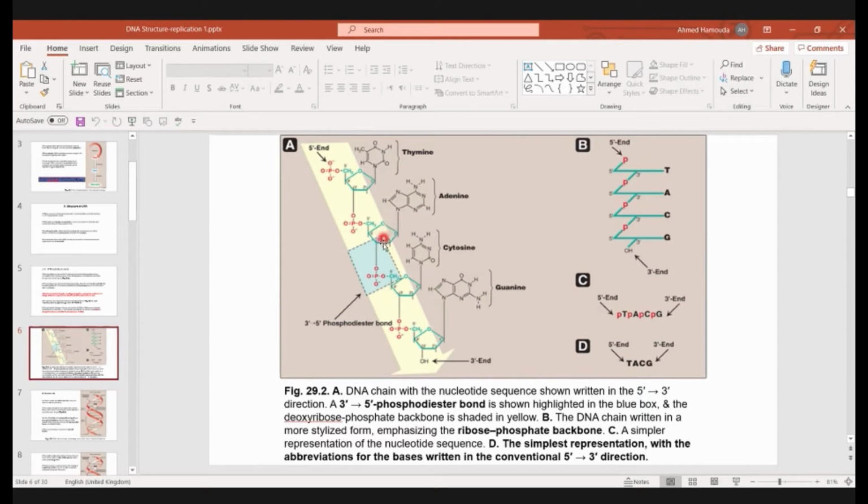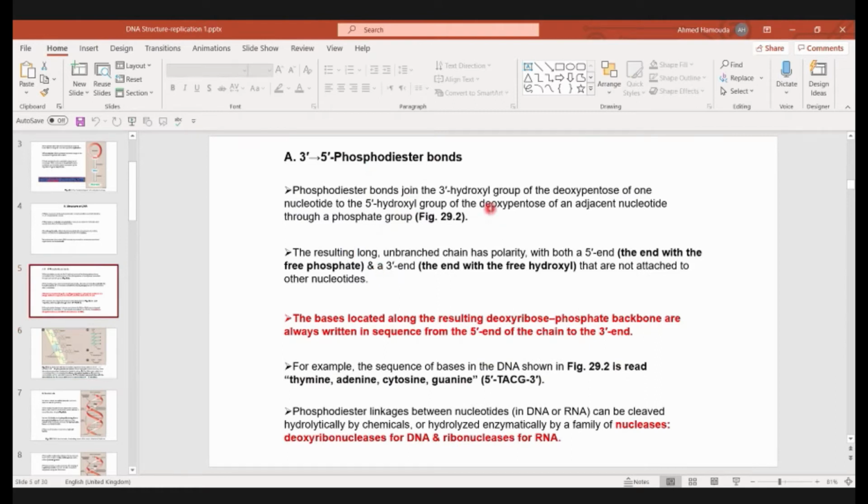One ribose has an OH here, and this ribose at the 5' has an OH, and there is a link. So it's a link between the 3' hydroxyl and the 5' hydroxyl. Both are hydroxyl groups, but the difference is just the position. The first one is the 3', and the second pentose is at the 5'.